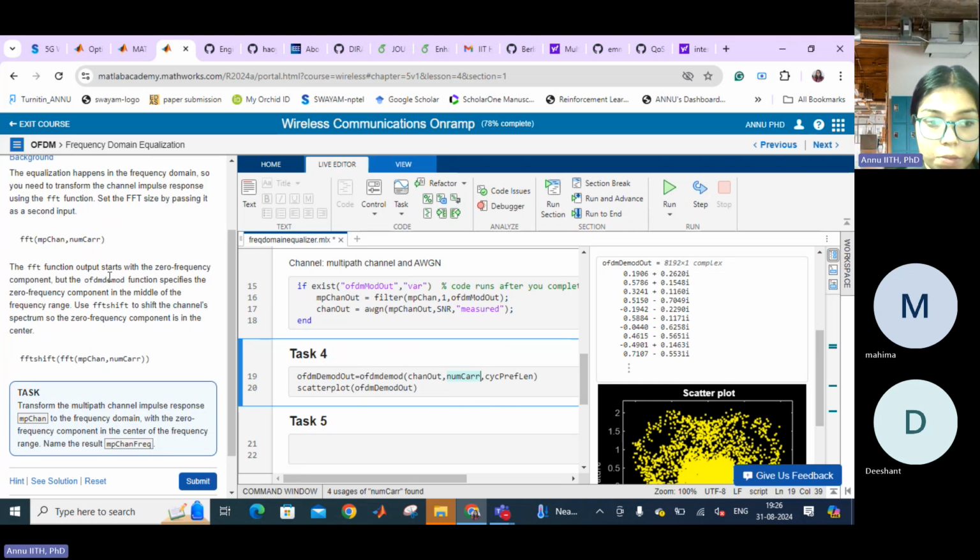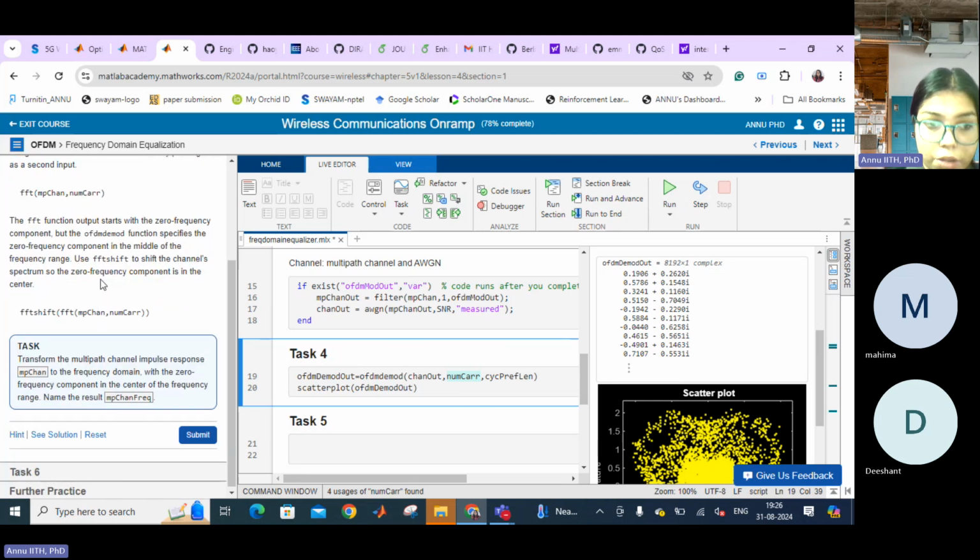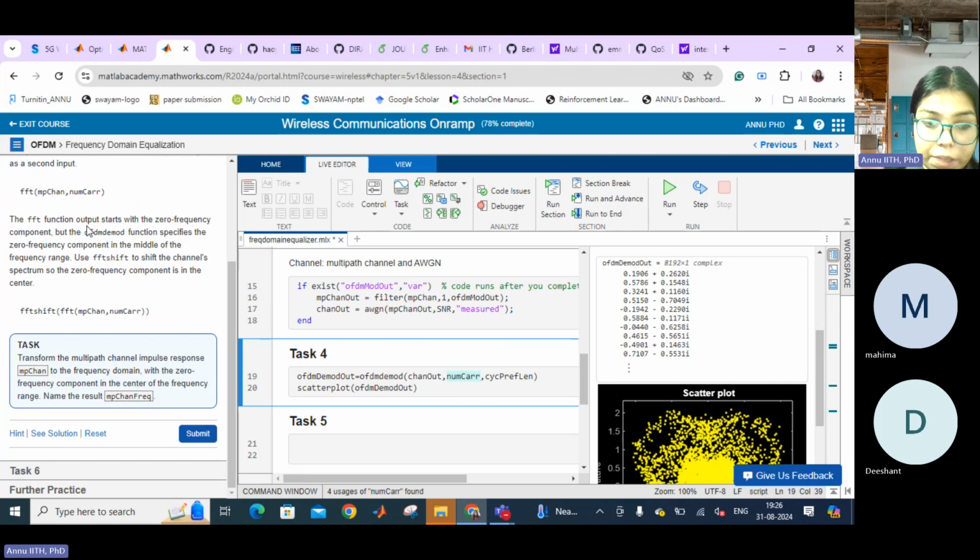The FFT function output starts with a zero frequency component, but the output of the OFDM mod function specifies the zero frequency component in the middle of the frequency range. So use FFT shift to shift the channel spectrum so the zero frequency component is in the center. So that's why we first do an FFT shift. It shouldn't start with the zero frequency component, so we do FFT shift to move it to the center. Task: transform the multipath channel impulse response to the frequency domain.